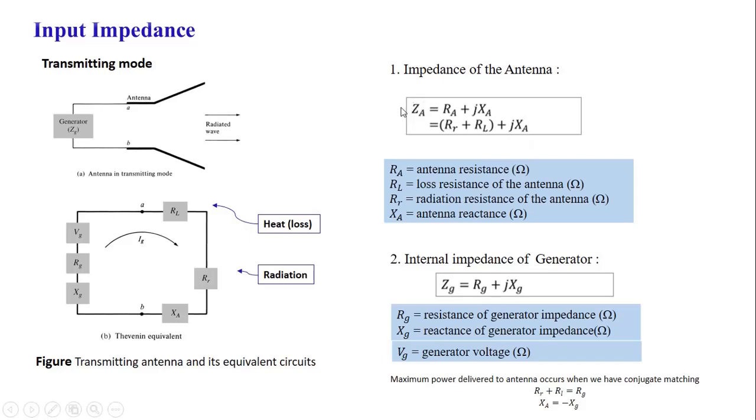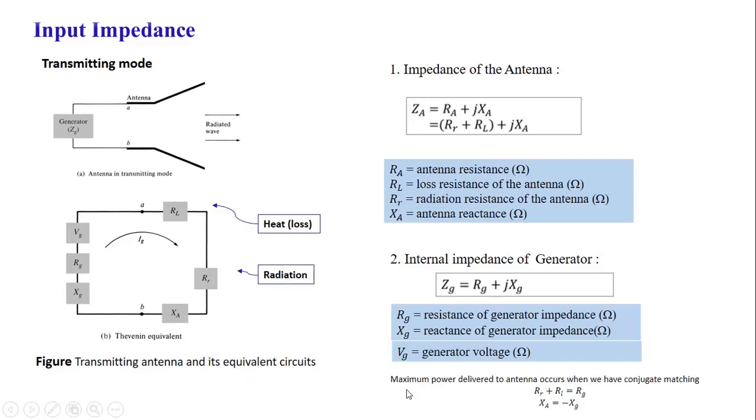Here Ra is the antenna resistance, RL is the loss resistance, RR is the radiation resistance, and XA is the antenna reactance. Similarly, the internal impedance of the generator, Zg, will be equal to the resistance of the generator Rg plus j into the reactance of the generator Xg.